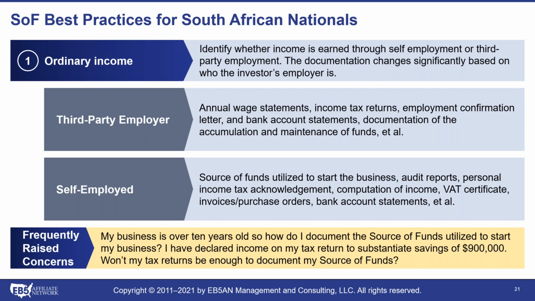A trust is a fiduciary arrangement which allows a third party or a trustee to hold assets on behalf of a beneficiary. And usually the beneficiary is the EB-5 investor, or there's multiple beneficiaries listed in the trust agreement.